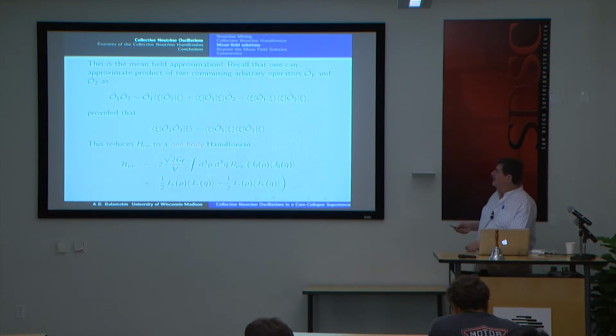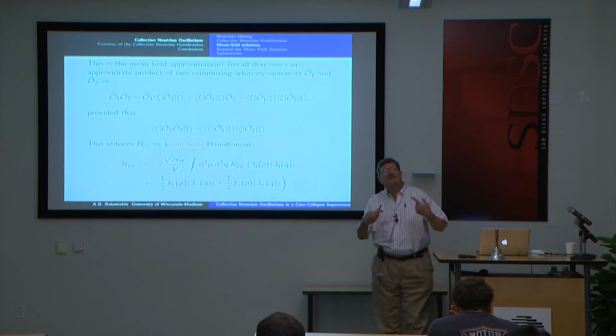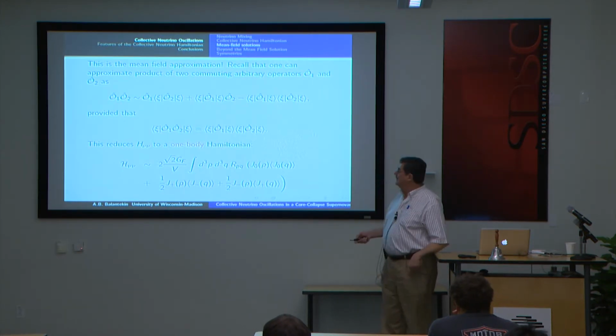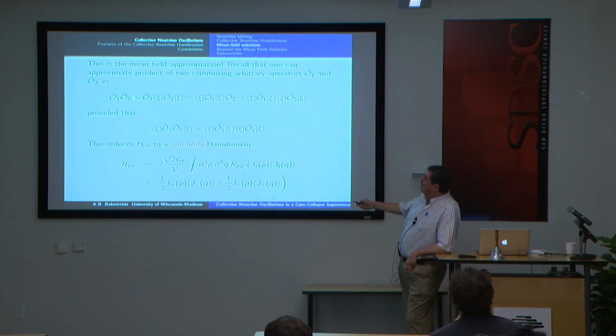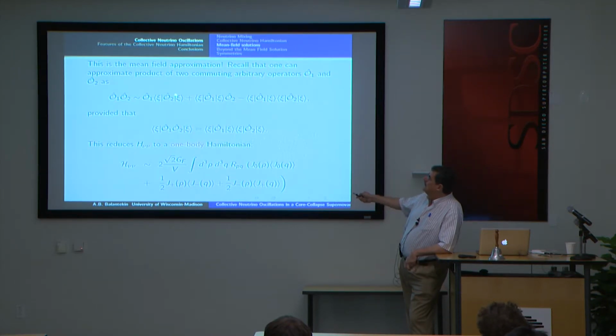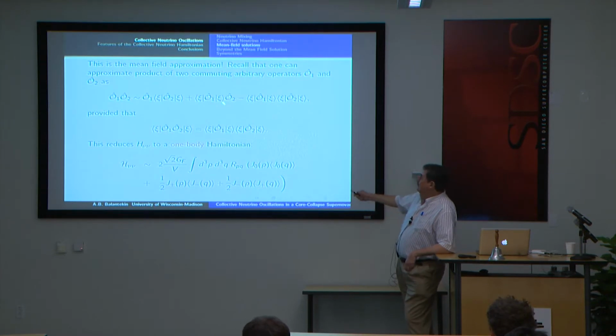So one way to do that: you typically have two quantum mechanical operators, and the product of them is the two-body interaction. What you do is try to find a state so that you can rewrite this in this particular form. You can basically replace one of the operators with the expectation value of that operator in that state. And then, of course, you have to do the same for the other operator.